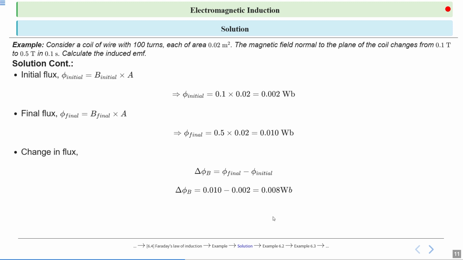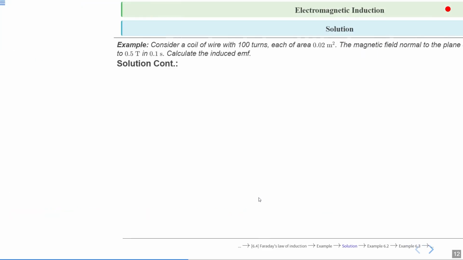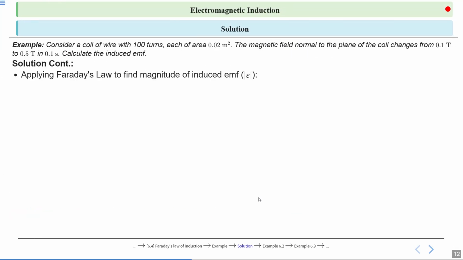Now we have to calculate the induced EMF, applying Faraday's law to find the magnitude of EMF. We are not concerned with the direction of EMF here. In Faraday's law only the magnitude is given, so we calculate the magnitude only.